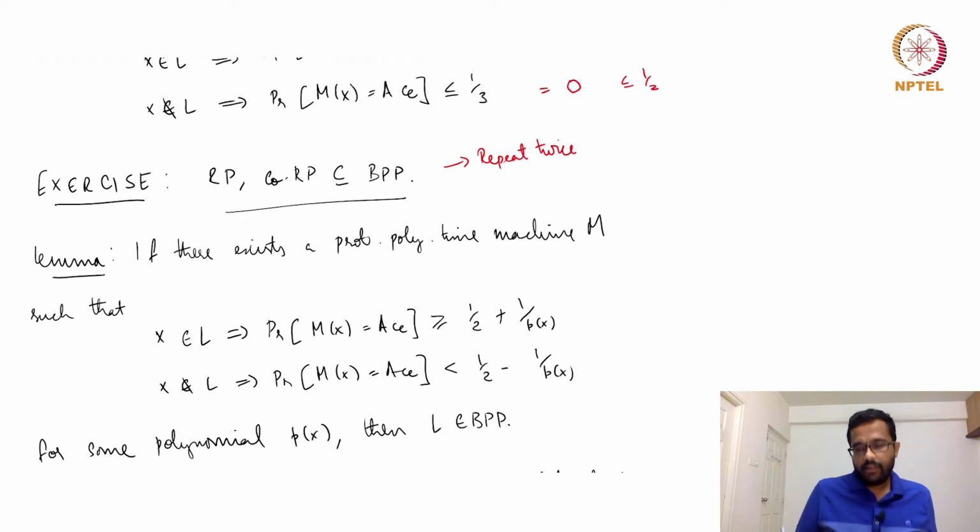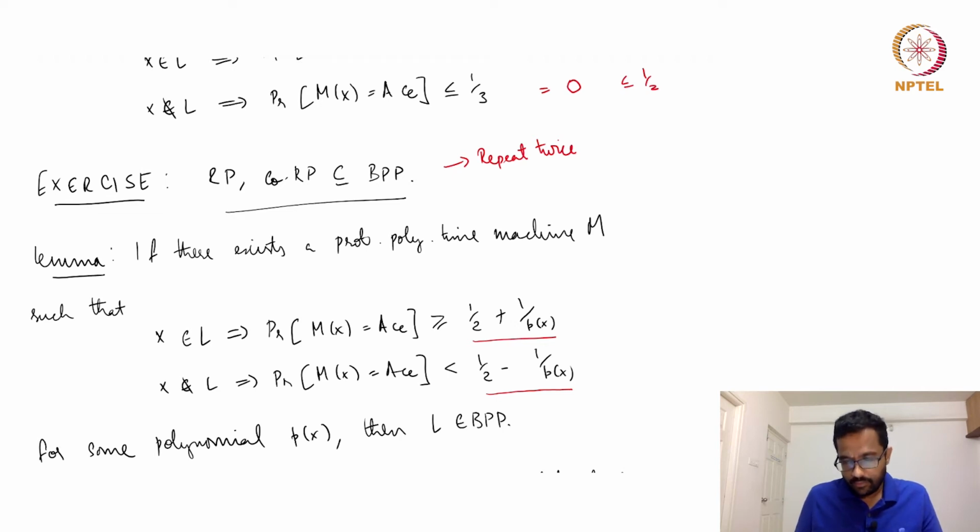So if there is a probabilistic polynomial time machine such that whenever X is in the language, it is accepted with probability at least half plus inverse polynomial, and whenever X is not in the language, it is accepted with probability at most half minus inverse polynomial, for any polynomial p(x).